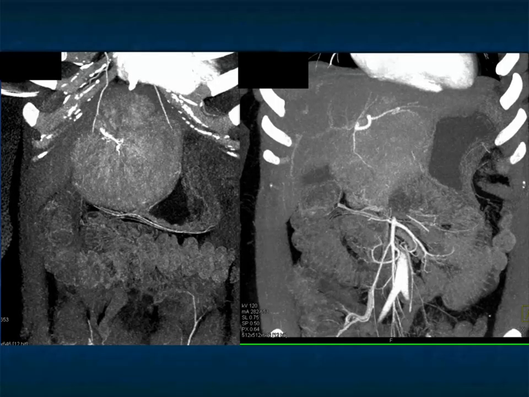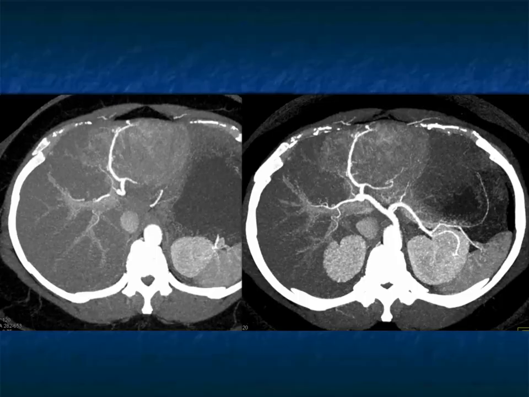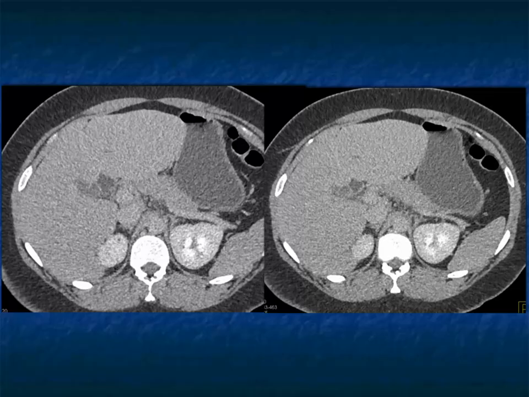And as you go to the MIP imaging, the vascularity as well as the stretching of the hepatic arteries is better seen. And what you can see in this case is a hepatic adenoma looking not so much like a mass, but more like an infiltrating lesion. It's infiltrating and stretching the vessels.